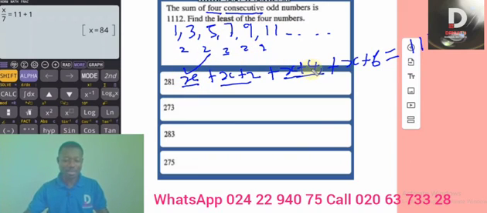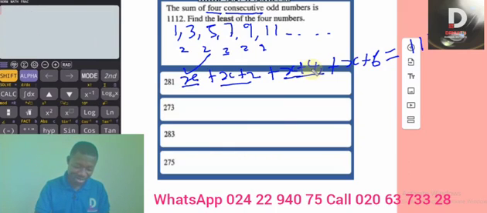So let's apply our calculator and go straight away. I'll save here. So x, so that's alpha x, plus what's the next one? The next one is also x. So alpha x plus 2 plus alpha x plus 4 plus alpha x plus 6.